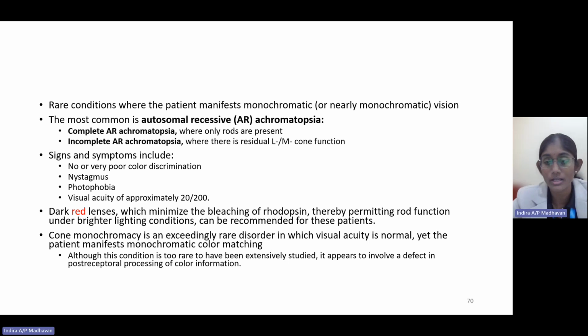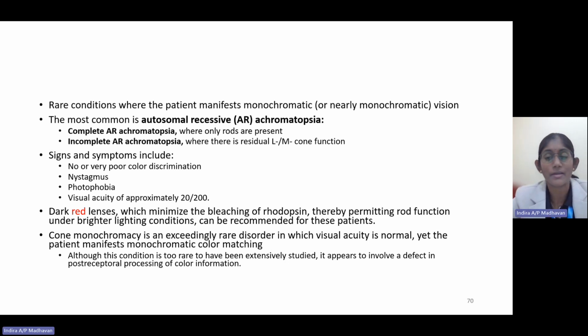The next one, the patient would have nystagmus and photophobia, because there is no cone to absorb excessive light. There are no photoreceptors. And their visual acuity, as I mentioned, cones are responsible for detail seeing, so without cones, obviously the visual acuity is approximately 6/60 only.